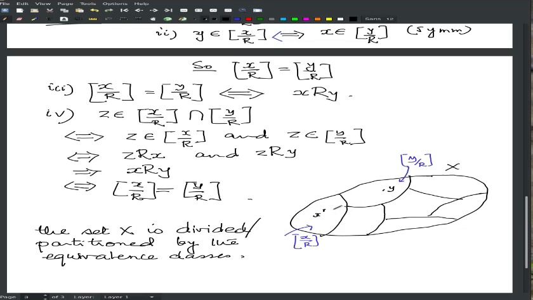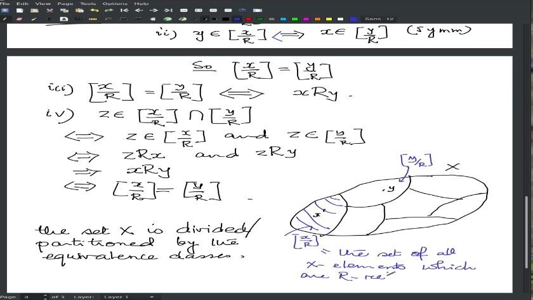So an equivalence class, for instance, as I have drawn over here, this one. Firstly, it is a subset of X. Okay? And this is the set of all those elements of X which are related to x.